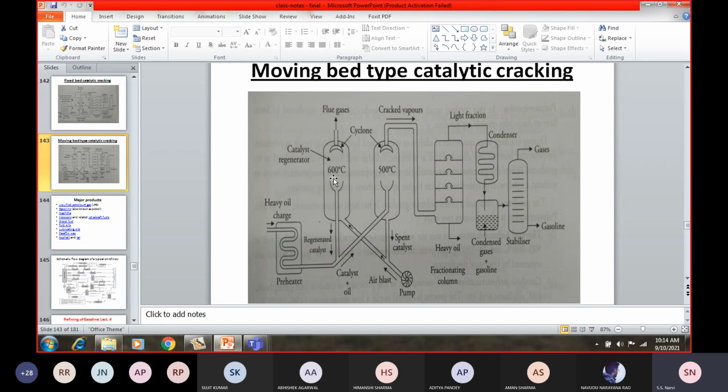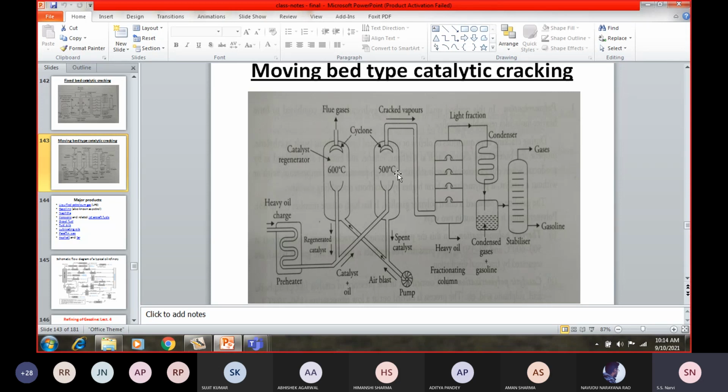Similar type of catalysts are obtained, and then the reaction takes place. That is the cracking reaction, and then cracked vapors go into the fractionating column, where they can be collected from the various sides of the collecting column.